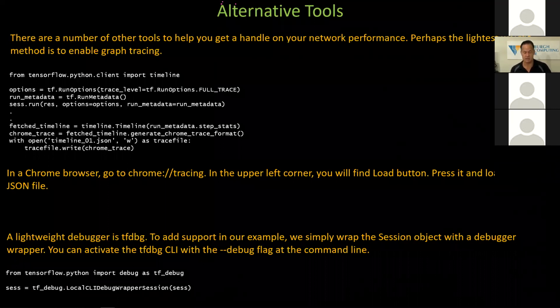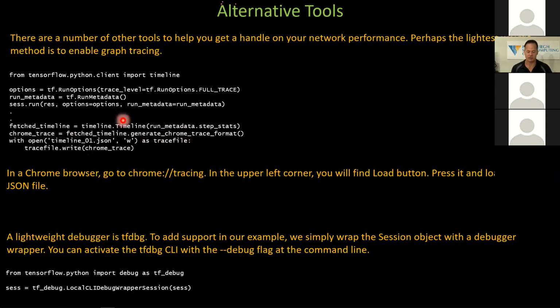If you're serious about this kind of stuff, and I hope many of you become serious, there is a very simple and easy to use tool for doing timing that's built in. If you import timeline in here, just adding a couple of lines, a slightly different session command right here, allows TensorFlow to output a lot of performance information, and it then spits out a file. It's a JSON file actually, but you need to analyze it in Chrome.